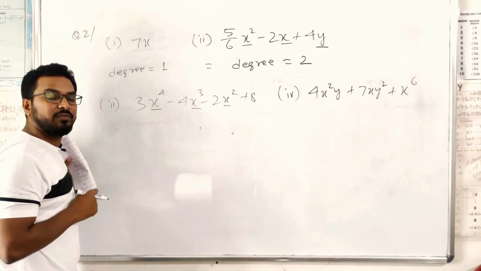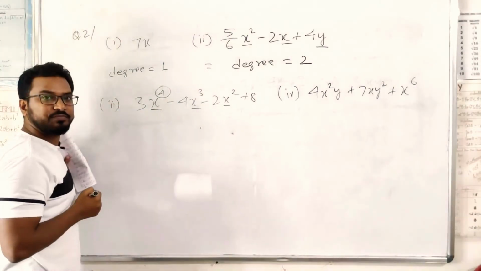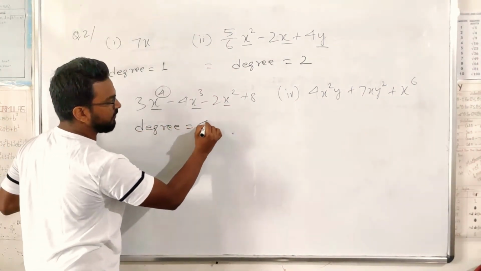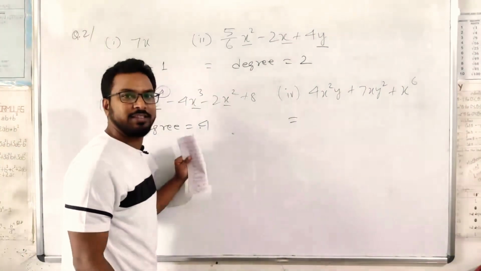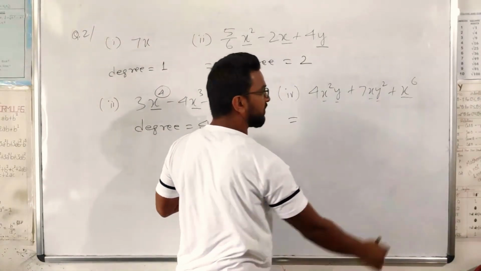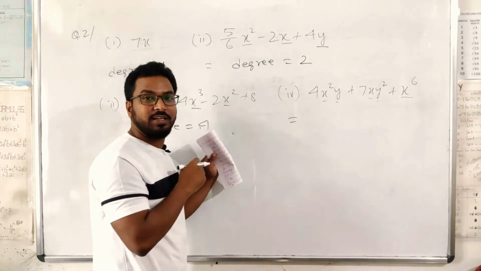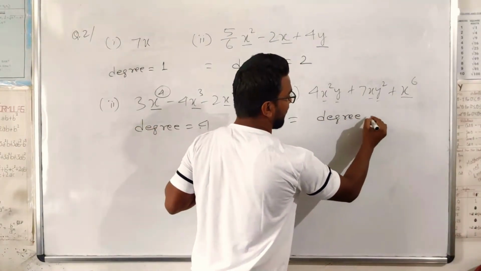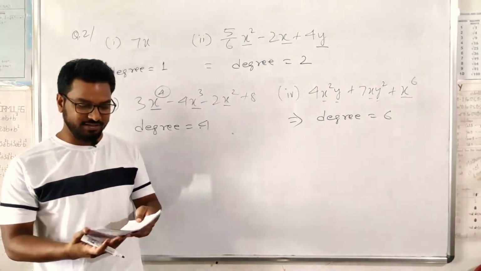The highest power of the variable is 4, because this is the highest number. So degree will be 4, right? Next, what will be the variables for this? The variables are x, y, and x. What will be the highest power? You can see it is 6, right? So degree will be equal to 6. Very simple.